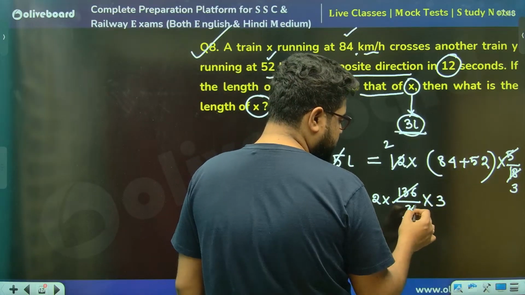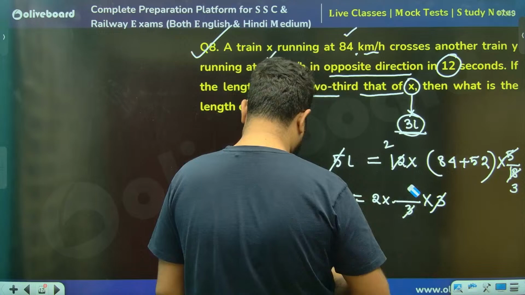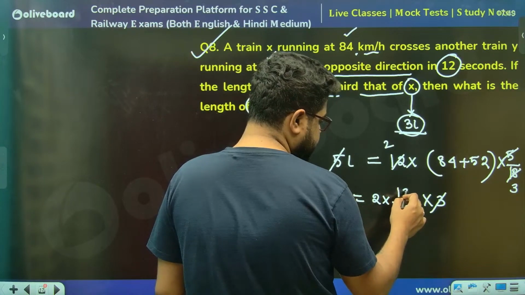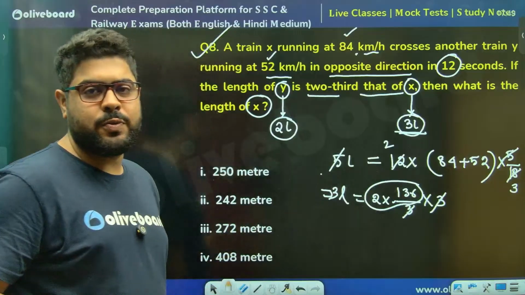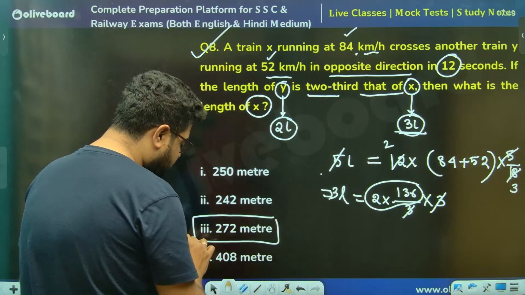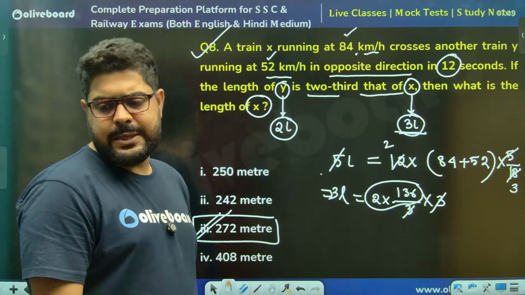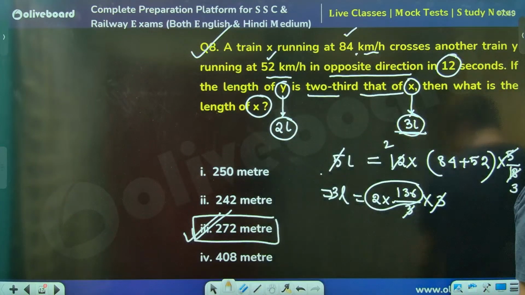Multiply this, so this 3 cancels and 136 stays 136. So the value of 3L is 136 into 2, which is 272. Option number 3 is the correct answer. Very simple, a couple of lines of question.